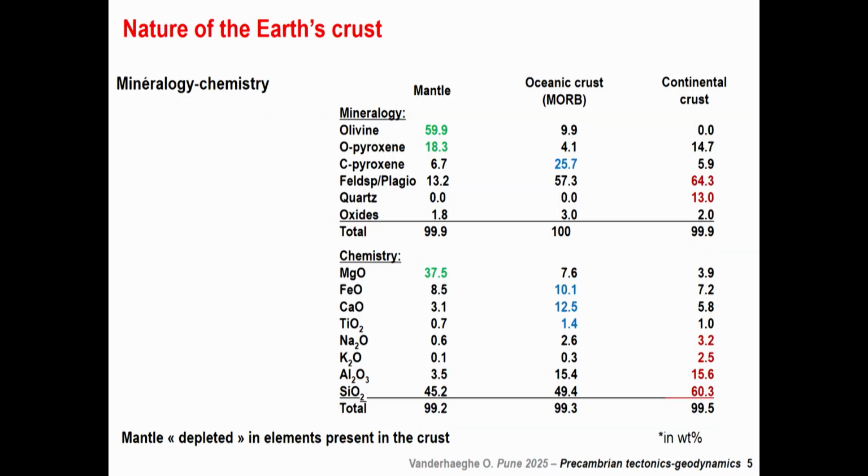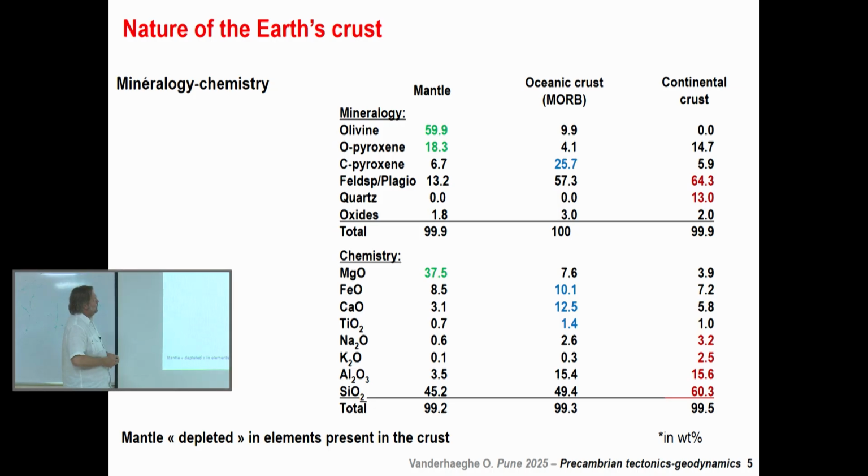In order to address that, we need to go a bit beyond what was treated by Nitin Karmalkar, go a bit more into the guts of it, but it's basically what he exposed with the different types of crust and how they compare to the mantle.